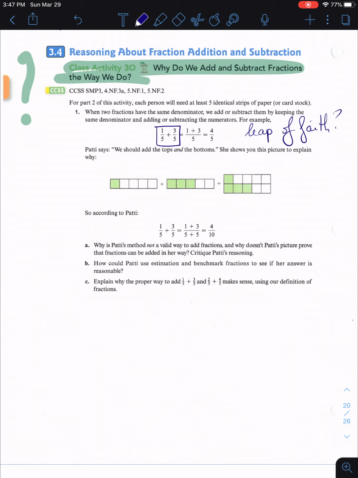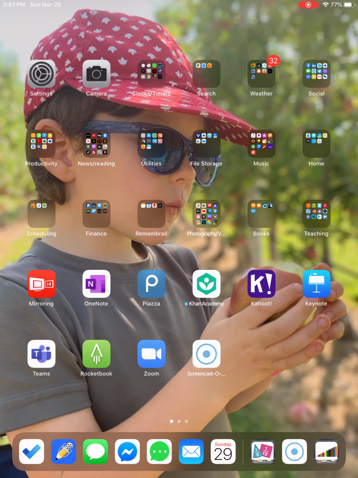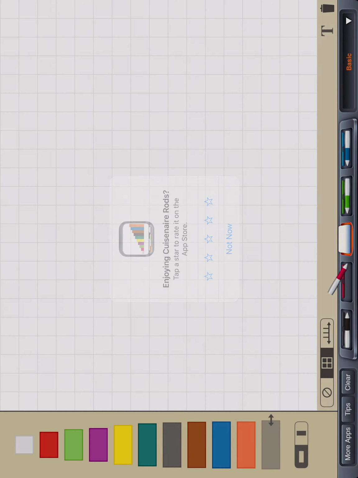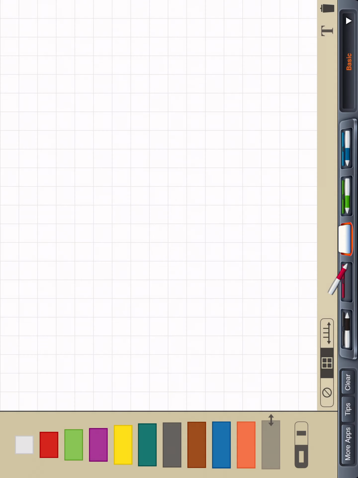So let's go to a manipulative and see if we can add 1/5 plus 3/5. So I'm going to be using Cuisenaire rods, but in a way that represents our fractions. So for example, if this is 1, then I can see that this is 1/5, right?